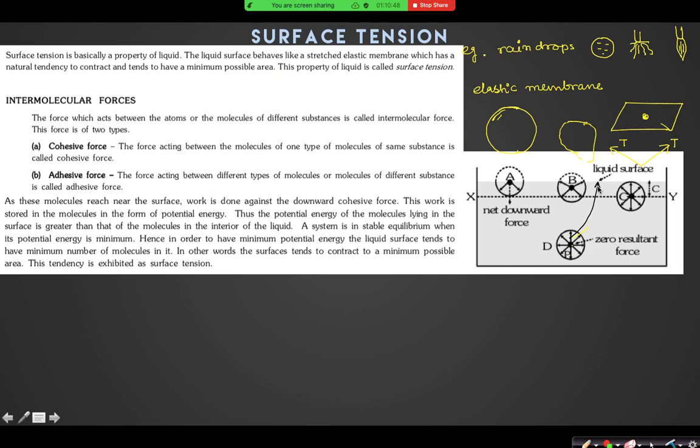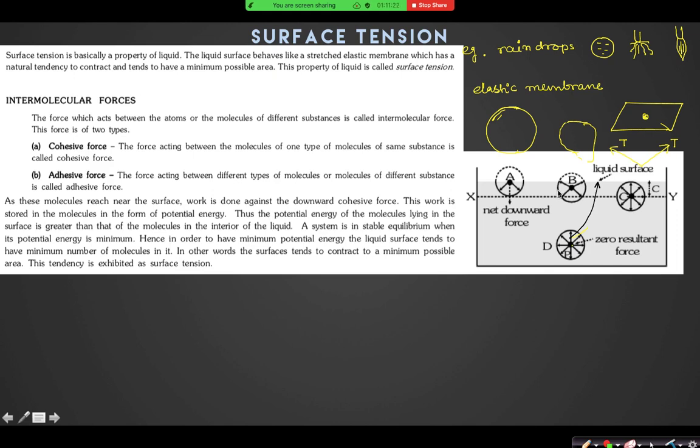If external work is done, can I say the potential energy of the system has increased from the previous one? Yes, sir. As the potential energy increases, which one will be more stable: the previous one where the surface area was less, or now where you have increased the surface area?